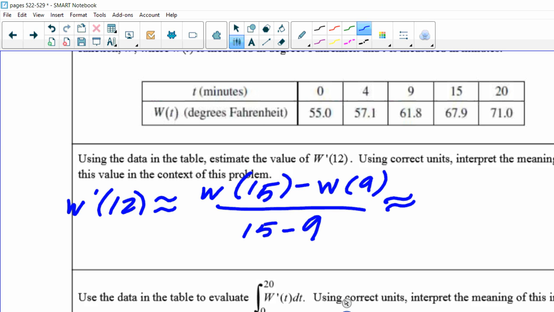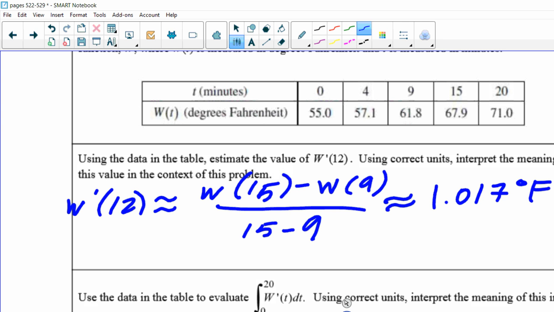Go 3 decimal places. What are the units? Degrees Fahrenheit per minute. Good. What's this mean?